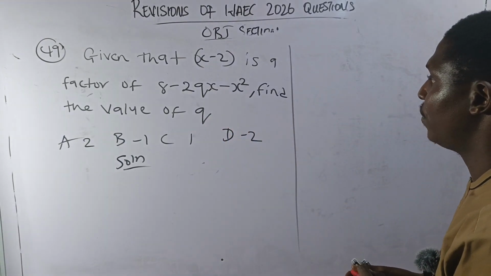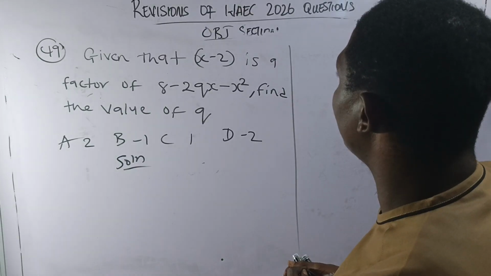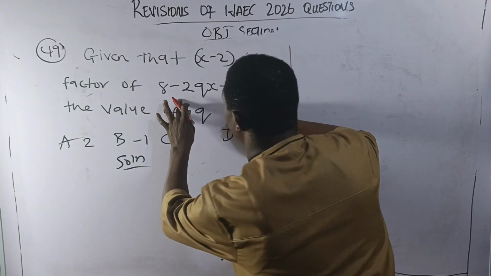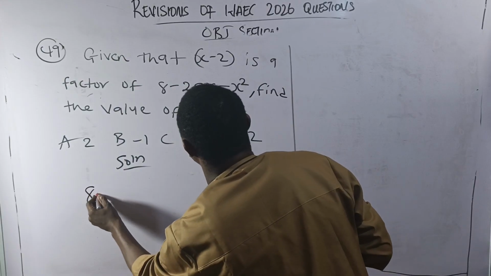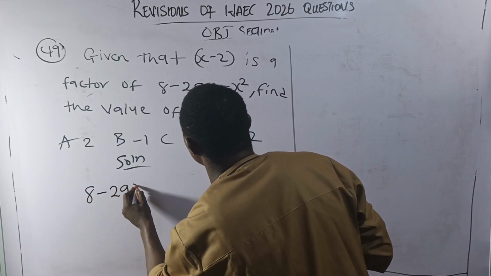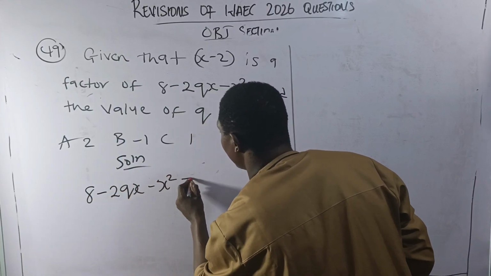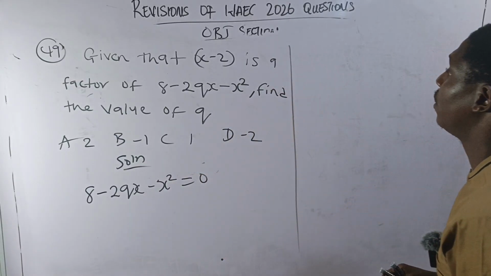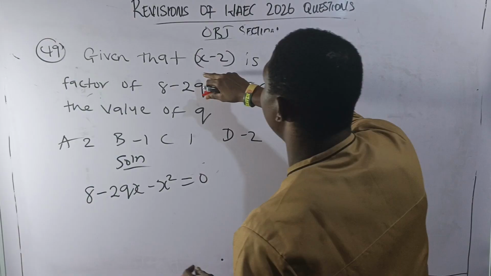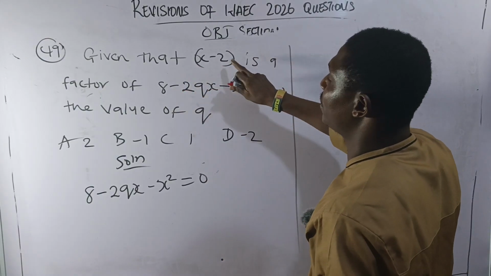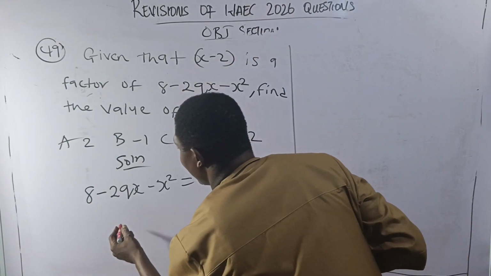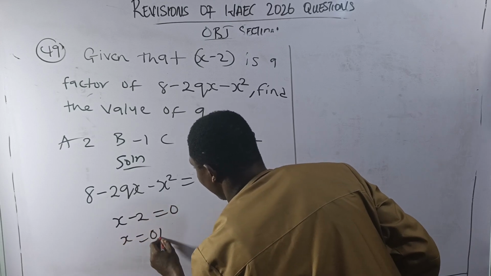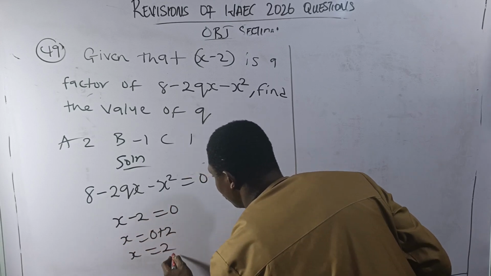We are given that x minus 2 is a factor of 8 minus 2qx minus x squared. Find the value of q. If we are using the remainder theorem, we have this 8 minus 2qx minus x squared equal to 0. And since x minus 2 is a factor, we simply have x minus 2 equal to 0, and x equals 0 plus 2, so x will be equal to 2.